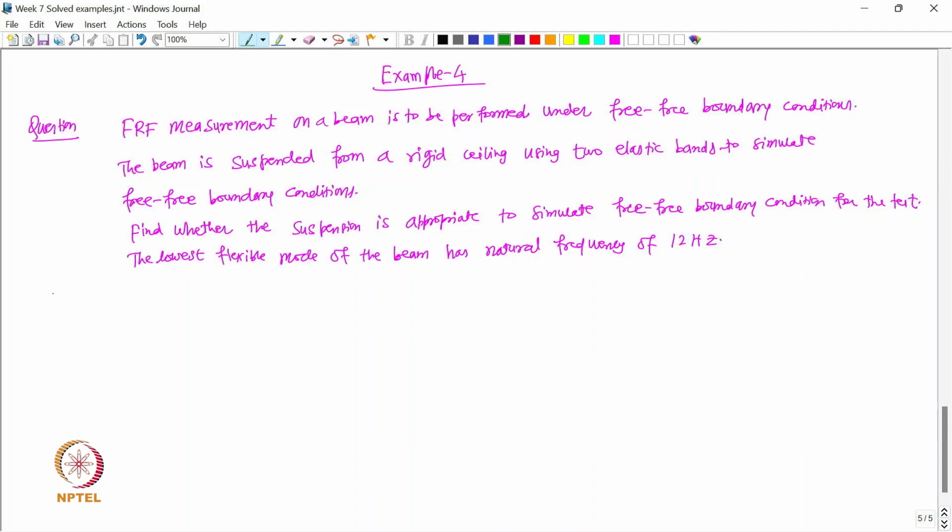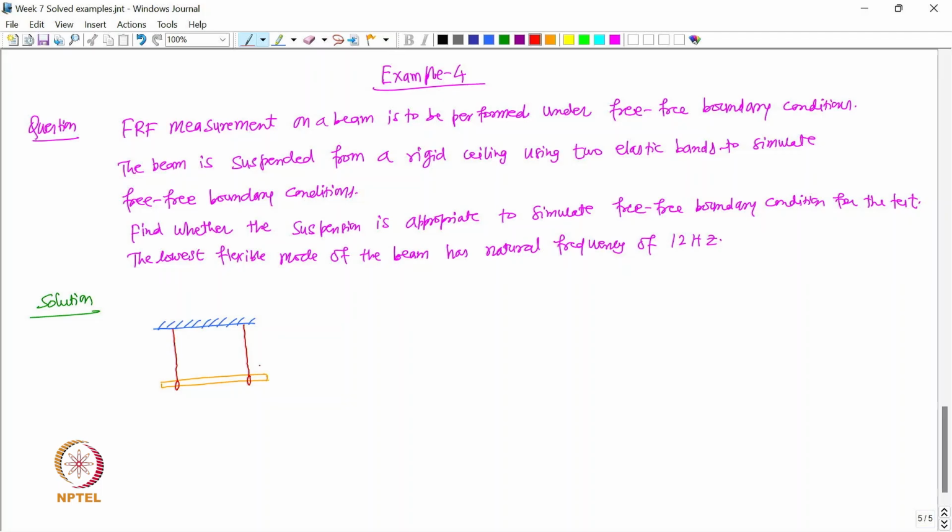Okay. So, let us look at the solution of this question. Essentially, now if you look at just the sketch of this, this is the rigid ceiling and this is the beam under test, and it has been suspended using elastic bands like this.